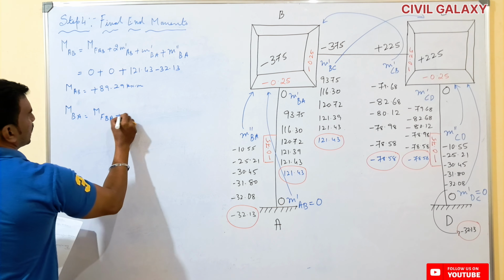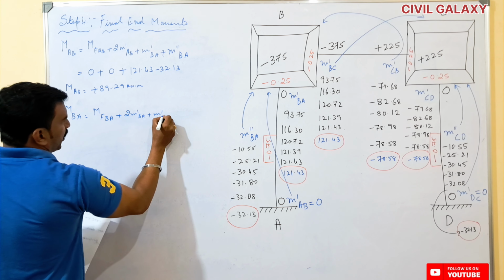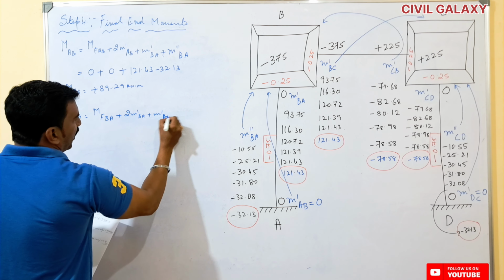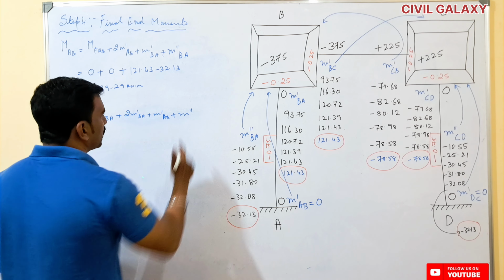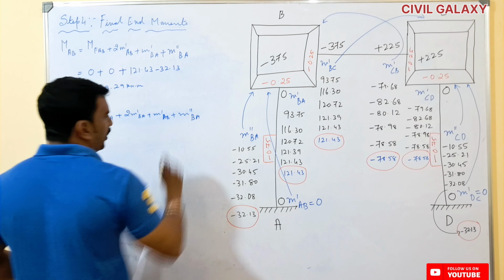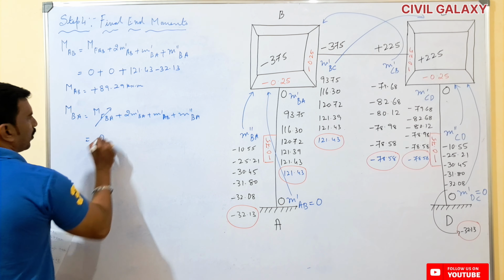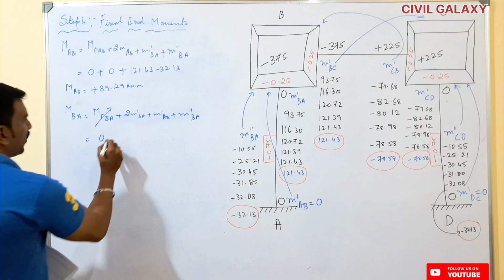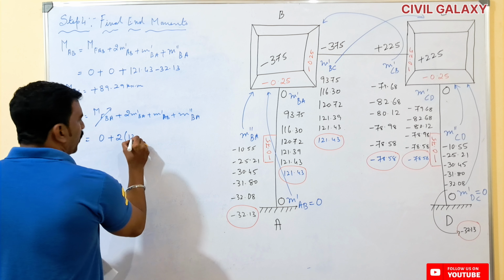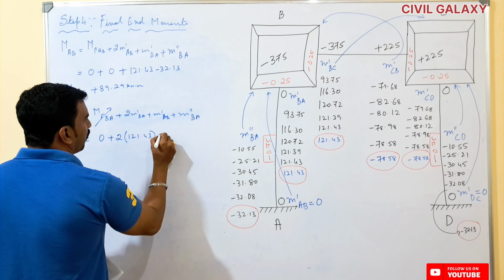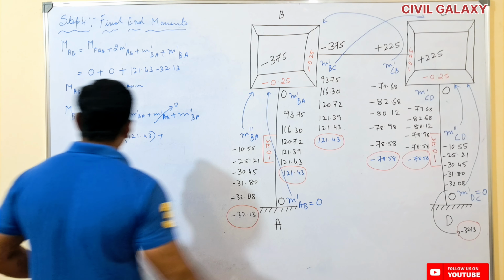So now similarly, if you calculate for M B to A: fixed end moment from B to A plus 2 times the rotation contribution about the near end plus 1 time the rotation contribution about the far end plus the displacement contributions from B to A. So here also, the fixed end moment is 0, plus 2 times the rotation contribution, we have got a value here M dash BA 121.43, plus this is 0, M dash AB is 0 over here.